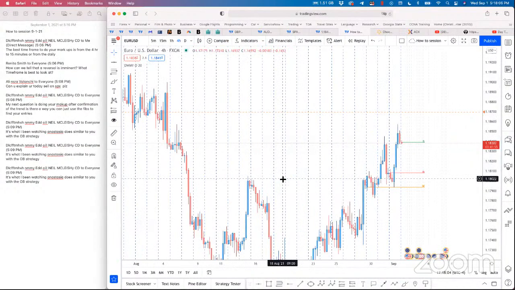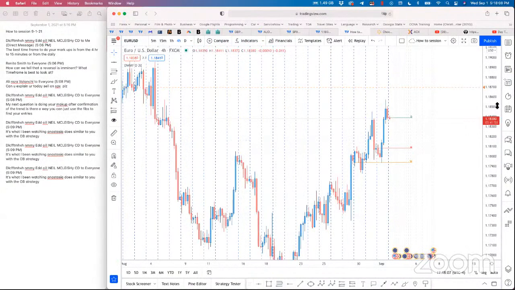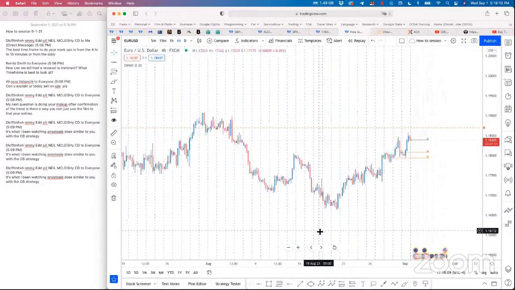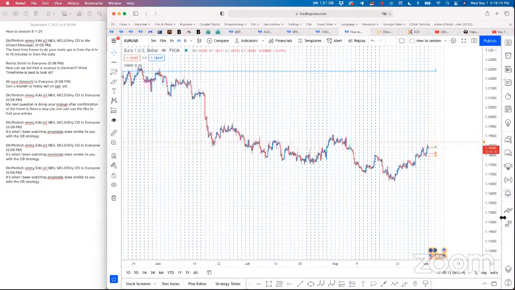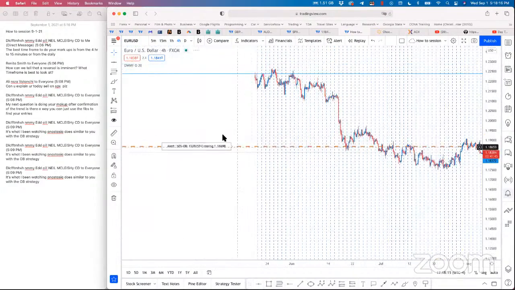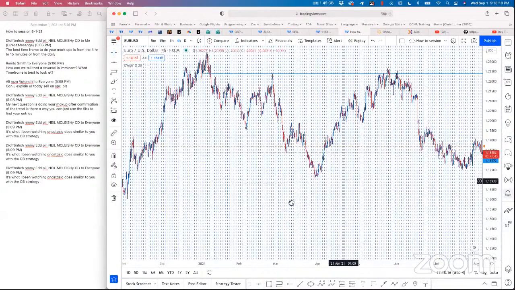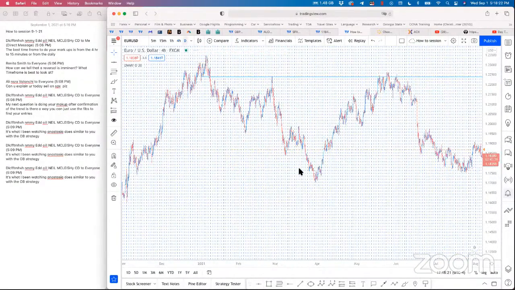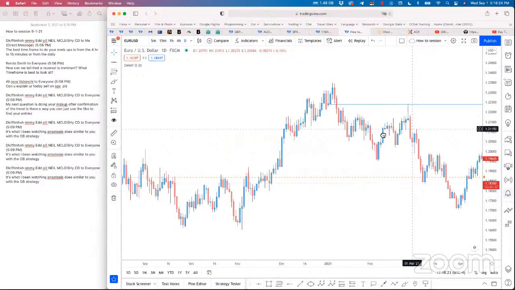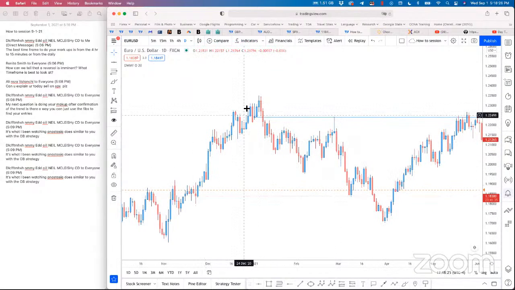So another area, like if we look for, let's see if I can find yearly. Right? If we look at this, right? We were trading up, we pushed down, we pushed back up.